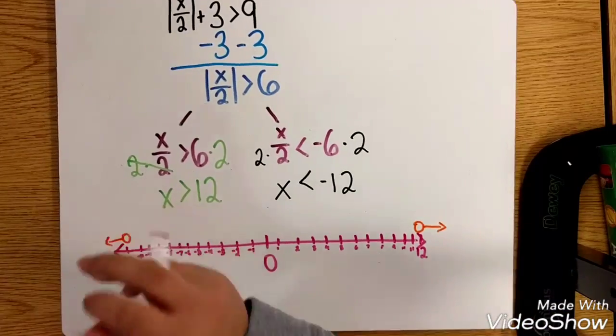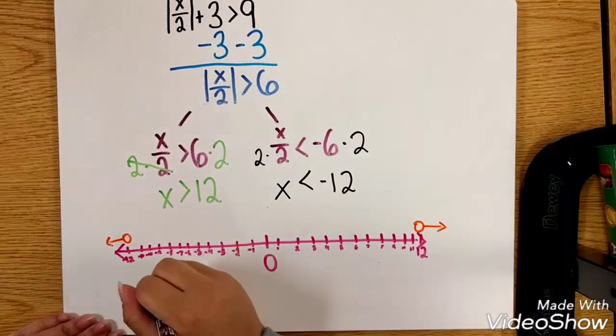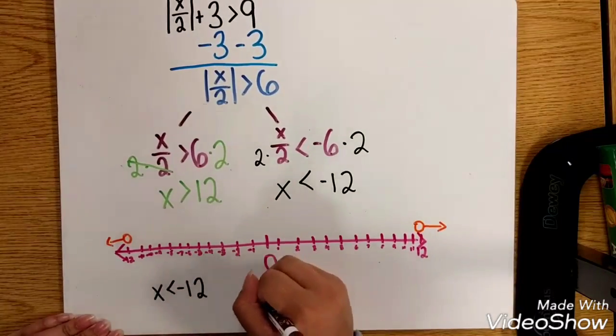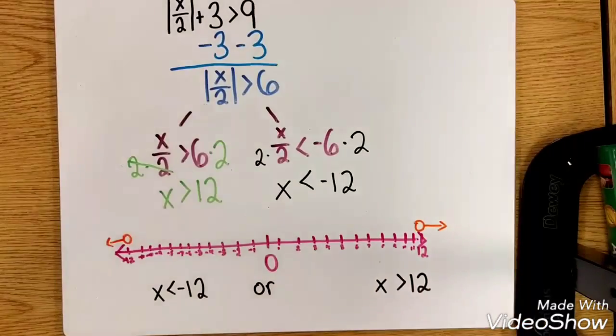Both inequalities are graphed with open dots, and because of their signs, they face opposite directions. This is an OR statement because of its opposite directions.